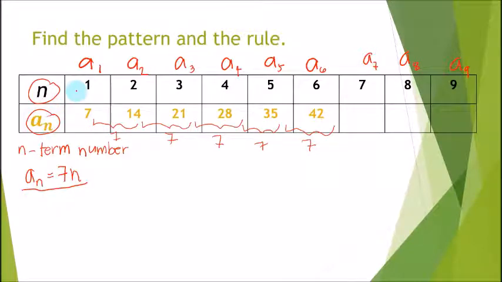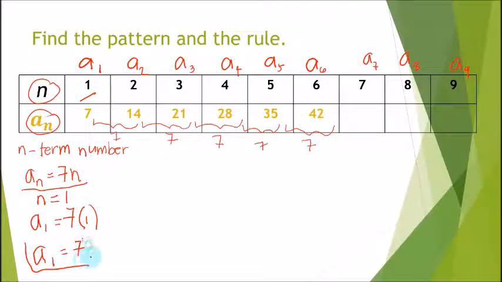Now, if our n is 1, we will just substitute the value of n. Okay? So, that is a sub 1, or our first term, is 7. And the value of our n is 1. So, that is 7 times 1. Our first term is 7. Which is correct.